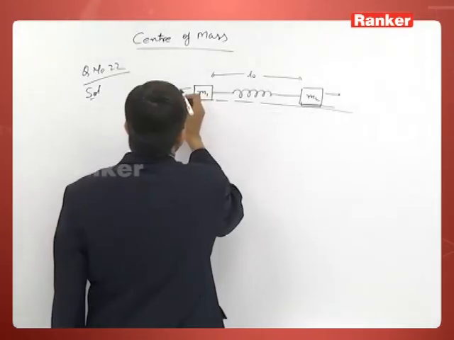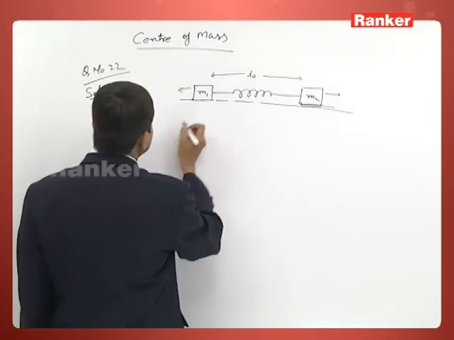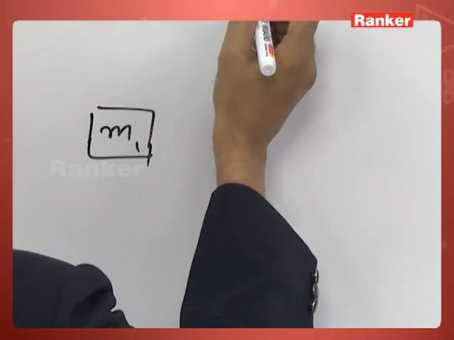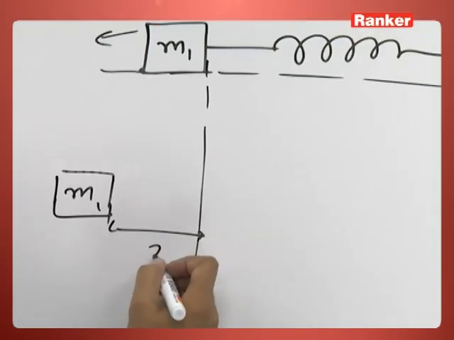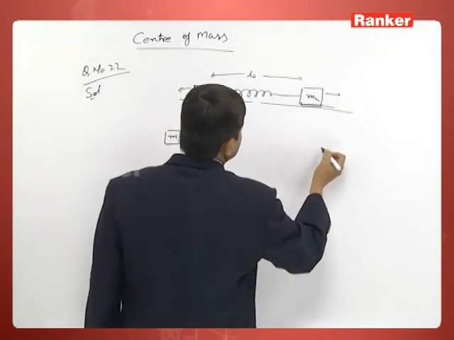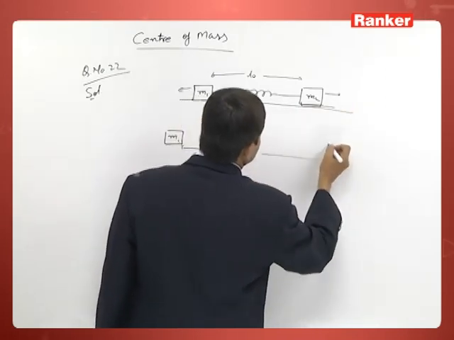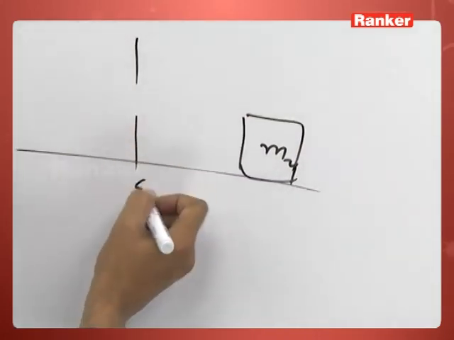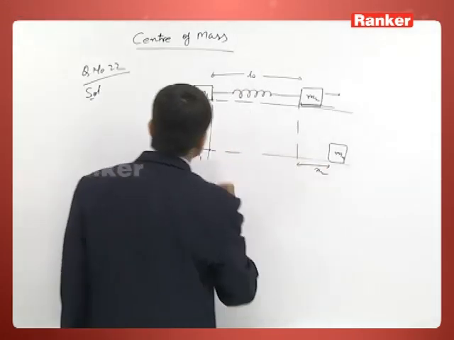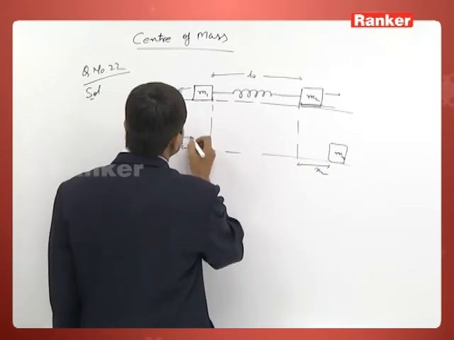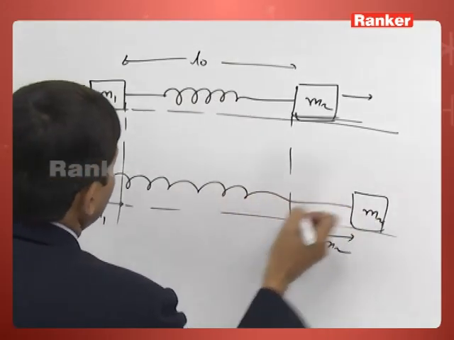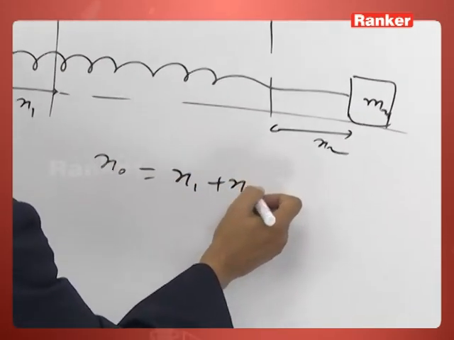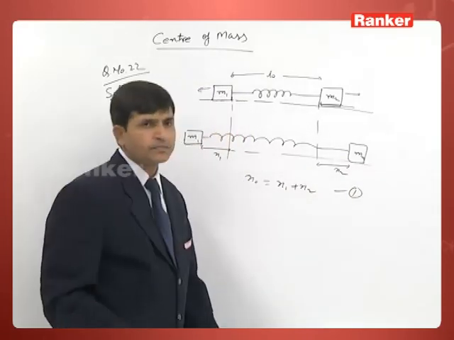Now when it is stretched, mass m1 is displaced by x1 and mass m2 is displaced by x2, and this total is your x0. So x0 is equal to x1 plus x2, first equation.